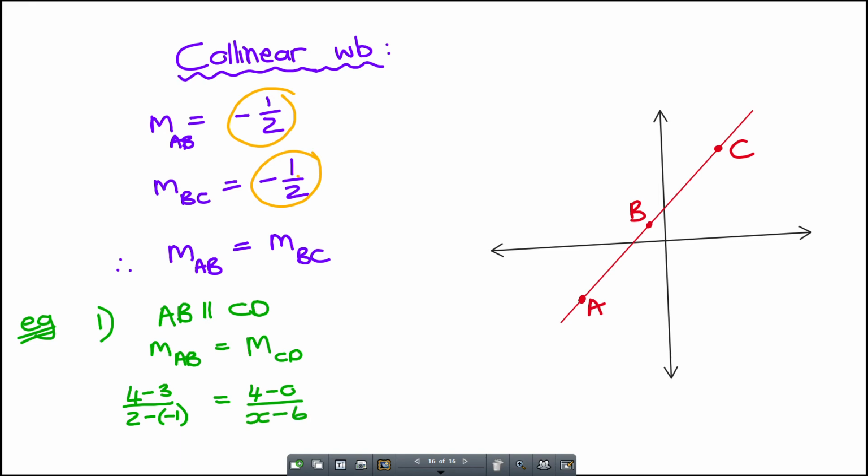As jy nou van daar af, kyk gou, sien ek het net een onbekende, I only have one unknown. So if I were to go and simplify this equation, kan ek dit gou vir julle op die volgende bladsy, jy het dit pas voor jou, né? So jy hoef nie af te skryf nie. If I go and simplify, that 4 minus 3 over the 2 minus 1, gaan vir my gee 'n derde. Okay?